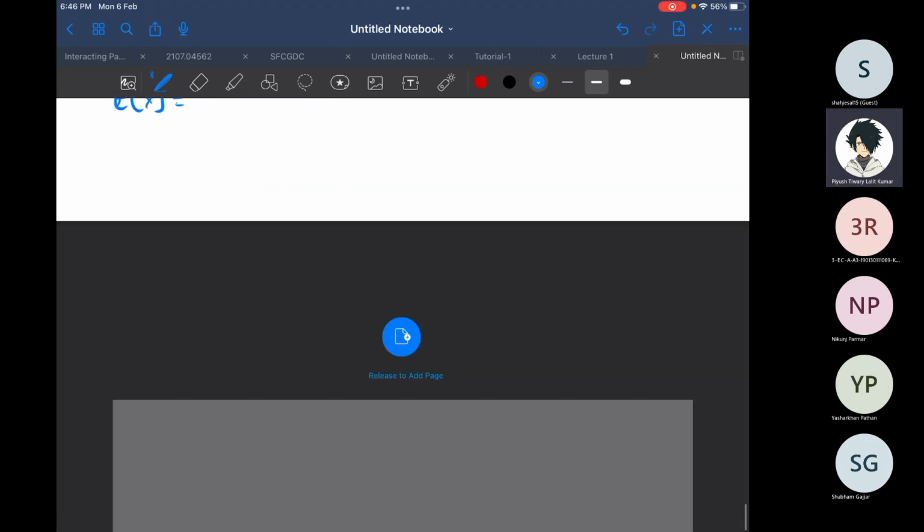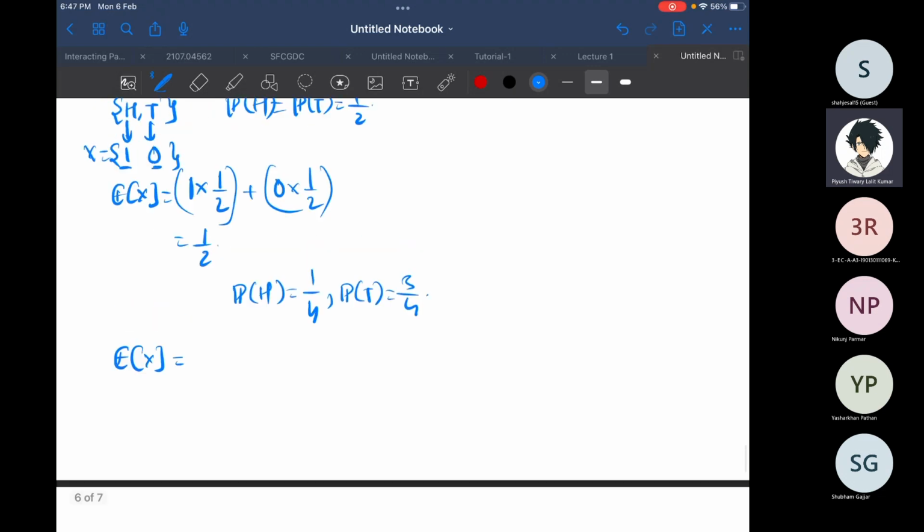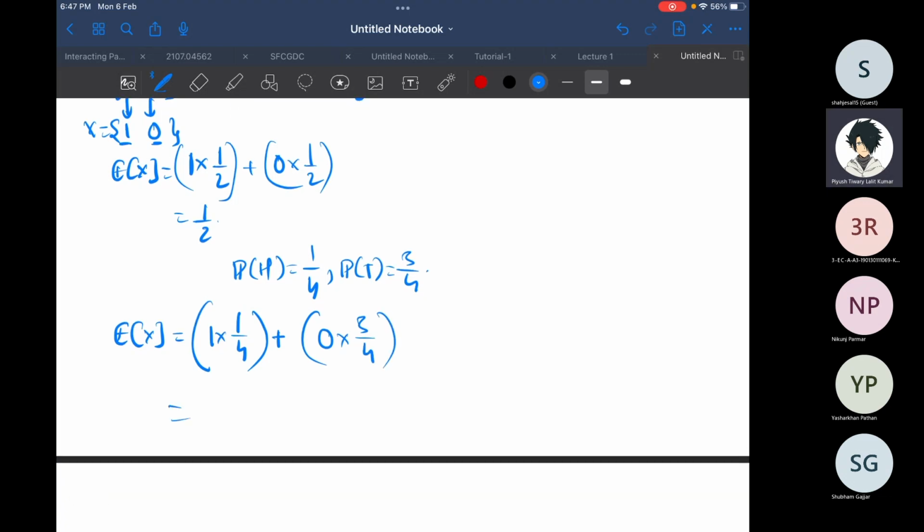I will go to my formula. 1 is happening with probability 1 by 4, plus 0 is happening with probability 3 by 4. Now this comes out to be 1 by 4.